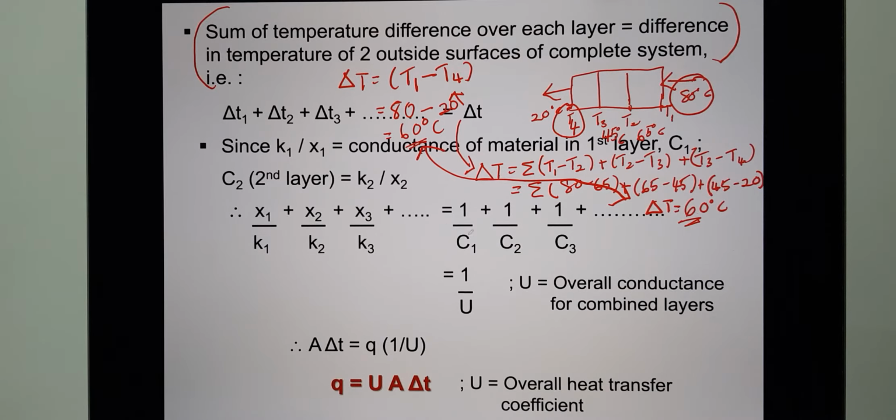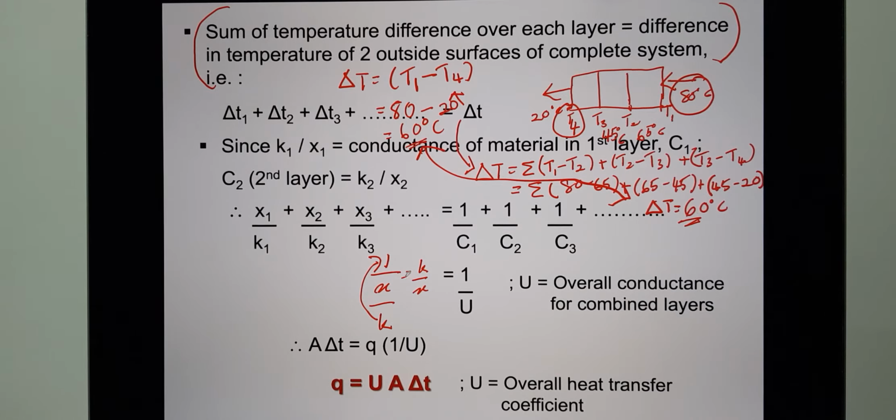Why does it become 1 over C1? Because the equation for conductance is K over X, but what we have here is X over K. So this is 1 over (K over X). When you rearrange this equation, it becomes K over X, because this K you need to put at the upper part.